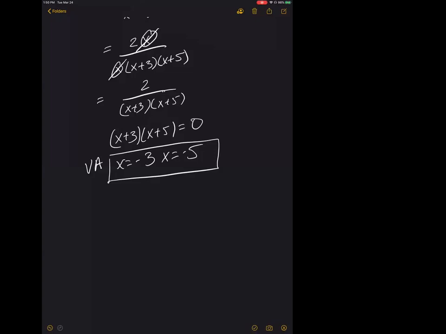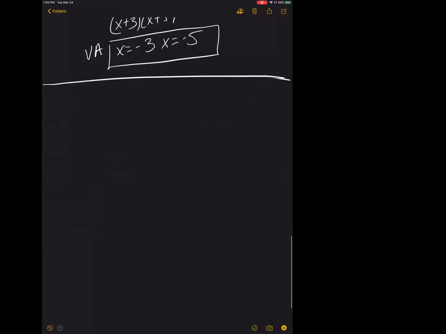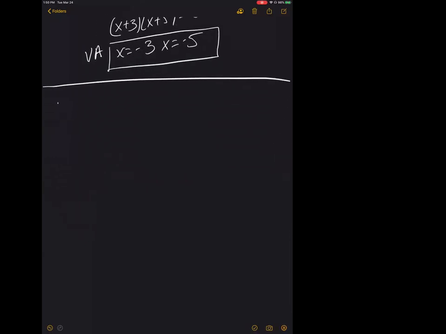All right. Now, to find the horizontal asymptotes, this little part right here you gotta study. If you know how to find them, it's pretty easy. If you don't, then it's not as much fun. So let's look at some examples to remind you.